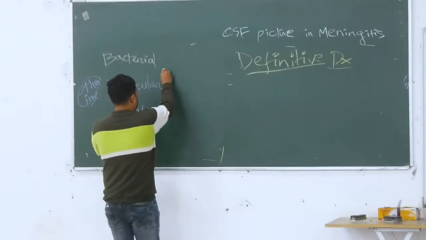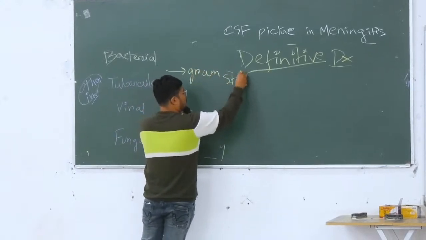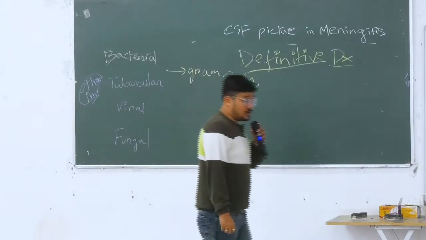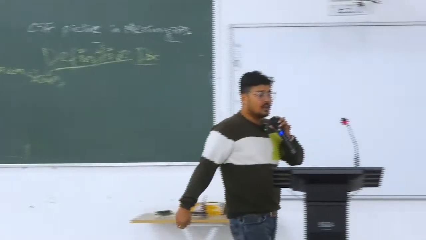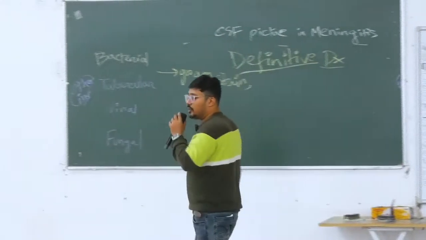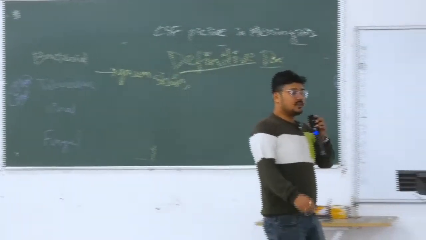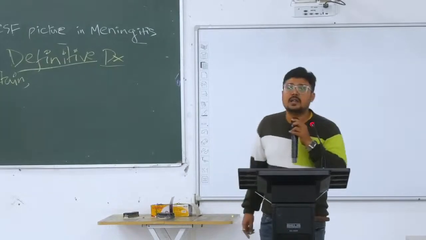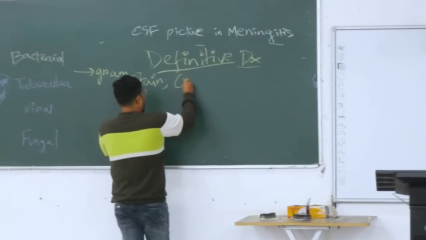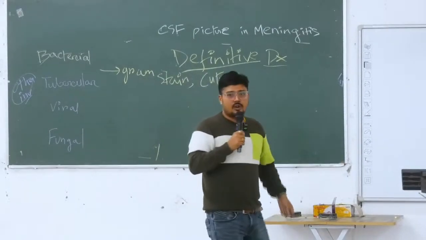We can use gram stain for demonstration of gram positive or gram negative etiological agent or causative organism. Gram positive organisms like Streptococcus pneumoniae, gram negative organism like Neisseria meningitidis. So coming to the definitive diagnosis, the CSF may need to be investigated by special tests like gram stain and bacterial culture, for the demonstration and isolation of the organism.